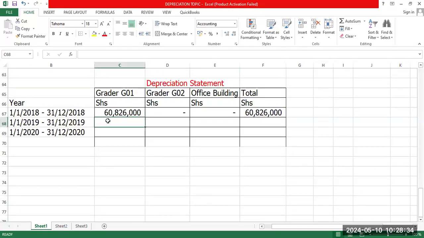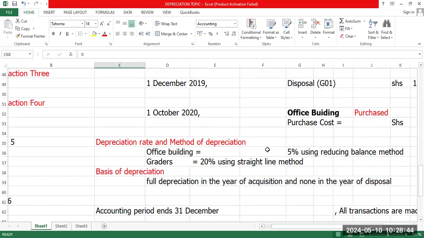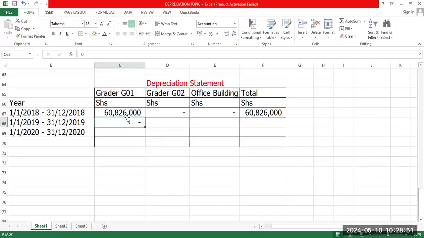So here we are not going to give any depreciation, because that is when we sold this grader. Is it clear, colleagues?